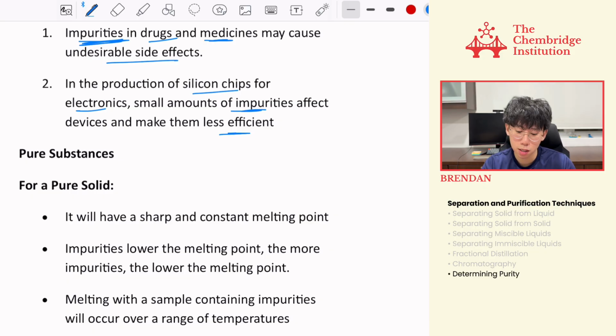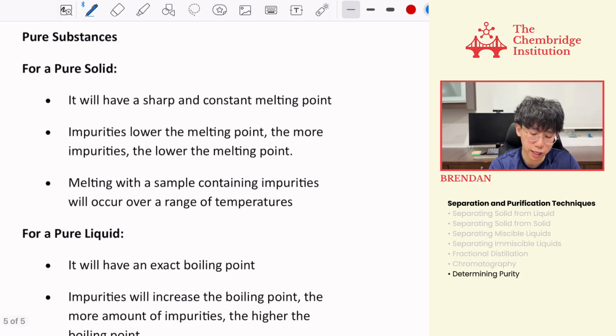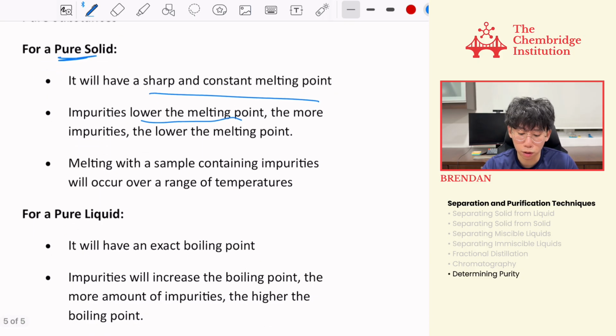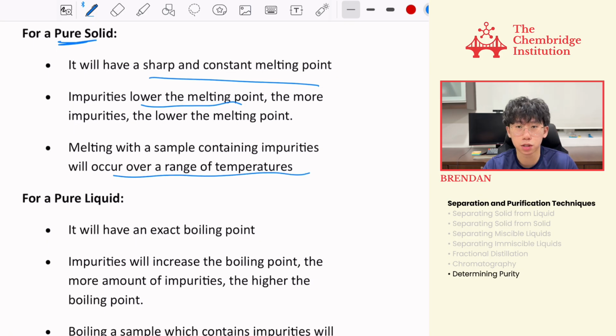And how we do this, in general, for a pure solid, it will have a sharp and constant melting point if it's pure. If it has impurities, the impurities will actually lower the melting point, and if you have more impurities, it will lower the melting point more. So what will happen is that when you try to melt something that's impure, you will melt it over a range of temperatures, which is not very ideal, obviously.